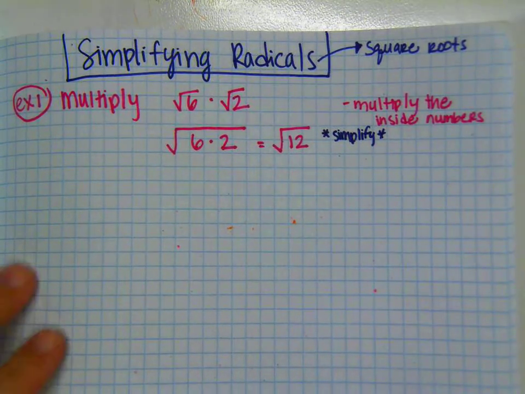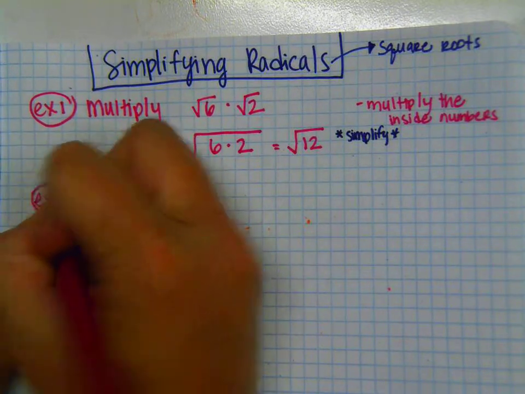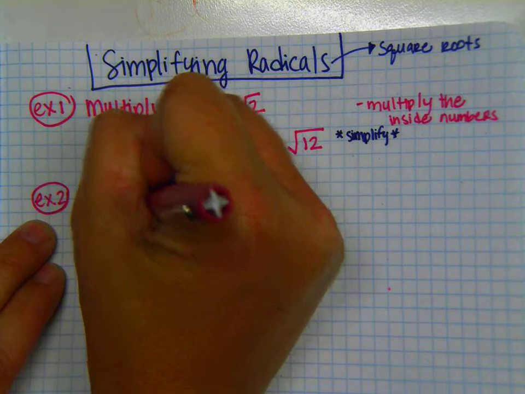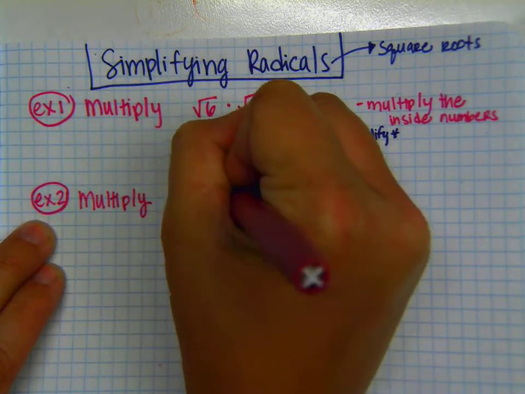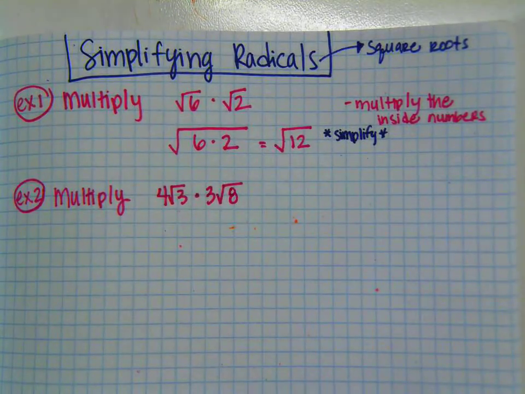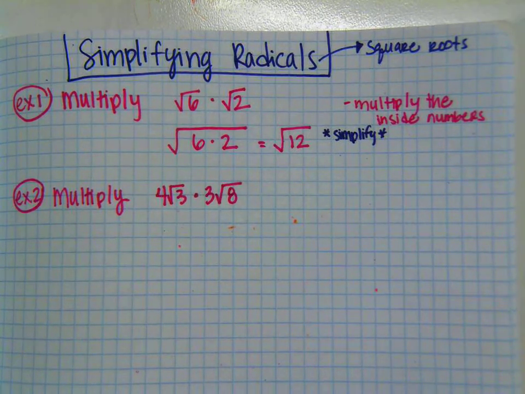Okay, let's do another example like that. We have 4 root 3 times 3 root 8. And here we multiply the outside numbers, and then we multiply the inside numbers.